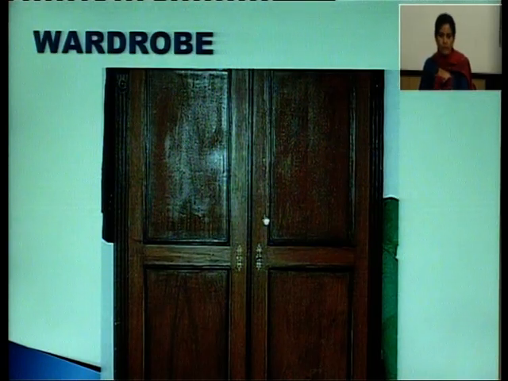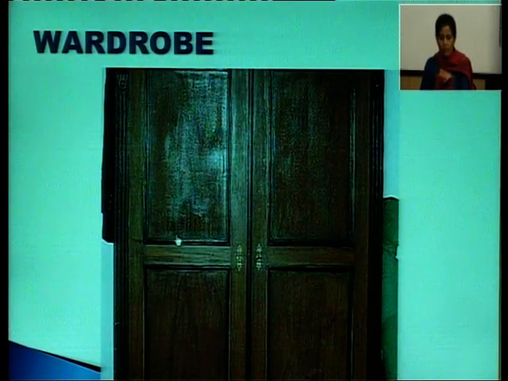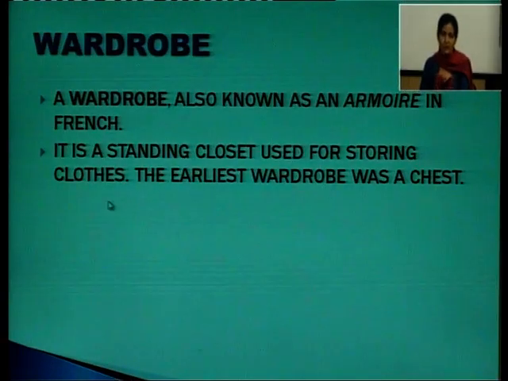This is a typical sketch of a wardrobe, and now we will discuss what is wardrobe, why it is provided, and why it is different from a cupboard. Now a wardrobe, also known as armoire in French.